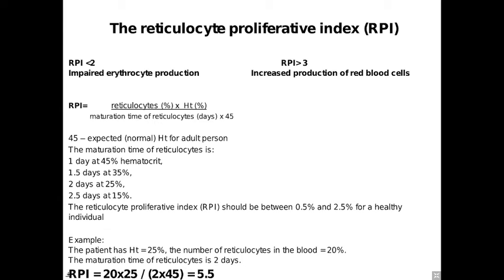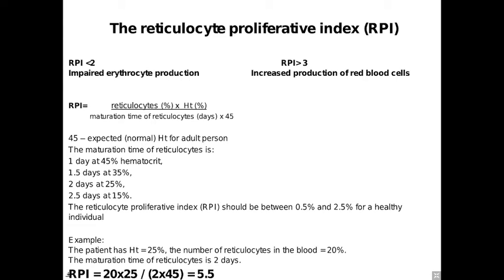So here it is, RPI, reticulocyte proliferative index. Please pay attention to the formula. RPI should be calculated as the percent of reticulocytes times hematocrit in percent divided by 45, divided by the maturation time of the reticulocytes in days. This formula includes hematocrit just as a relative measure of the blood volume.